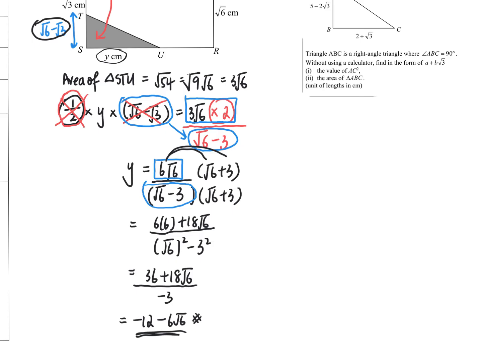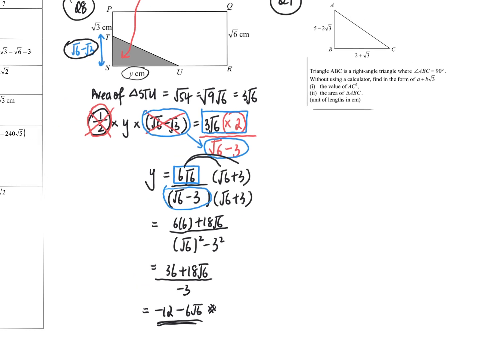I got a negative wrongly. Is there anything I wrote wrongly? Where's the error? Wait, something is wrong, because I cannot have a negative answer. Where's the problem?